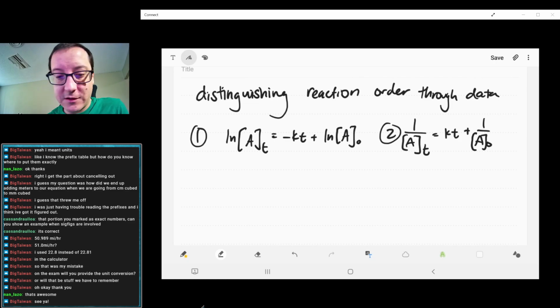Most reactions are going to fall under one of two categories. Two out of three, but most of them will either be first order or second order. And so I've thrown out the integrated rate laws for those particular scenarios. So the first order on the left with the natural log, the second order with the inverse.